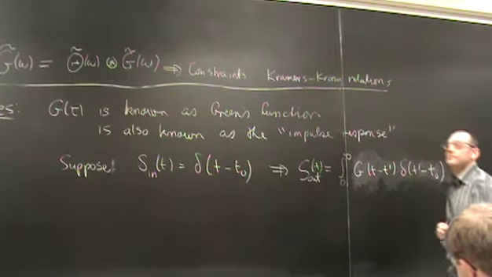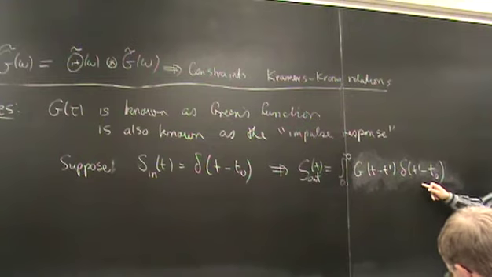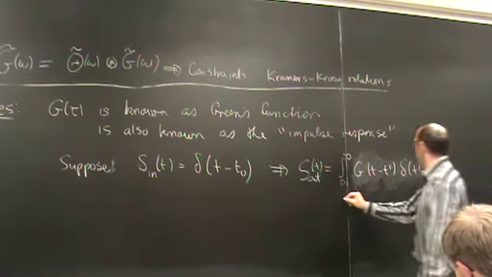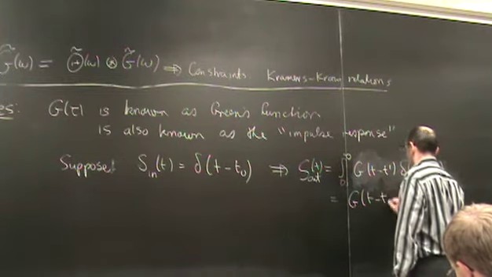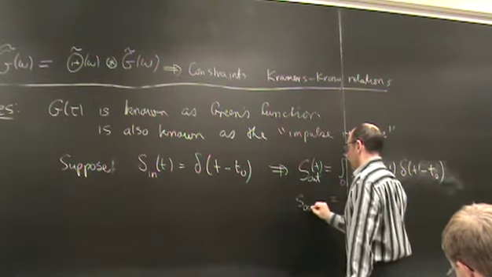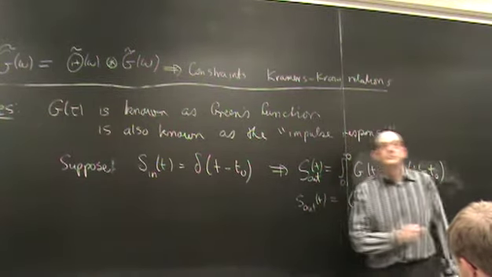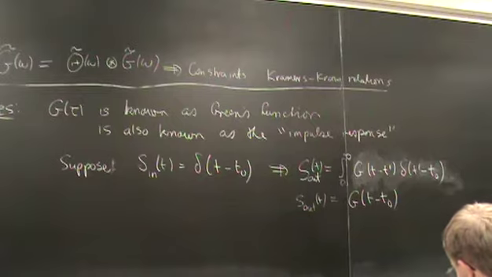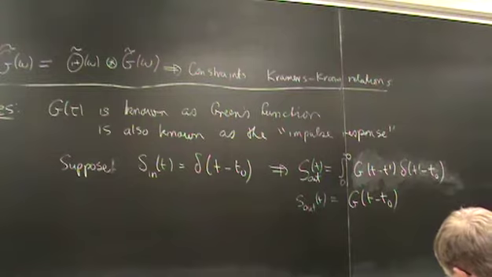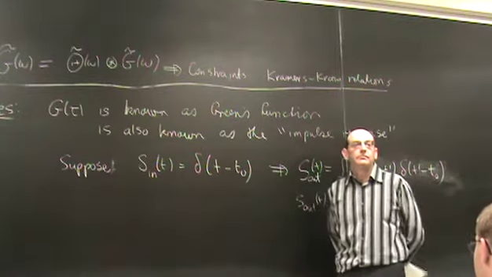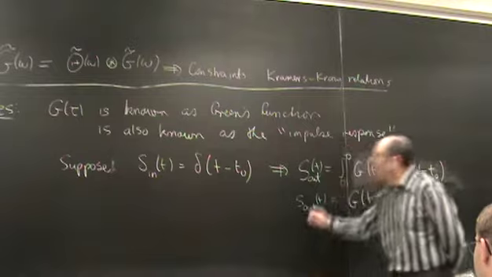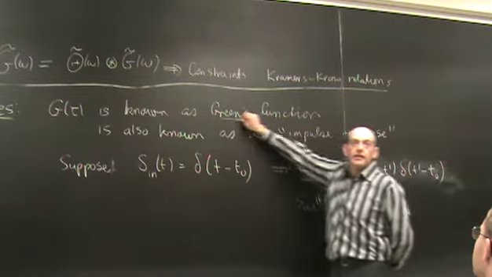Okay, that's my input. Integrate over t prime, I get the Green's function. So the Green's function can be interpreted as the output when given an input that is a delta function. That is what we call the Green's function of the differential equation.